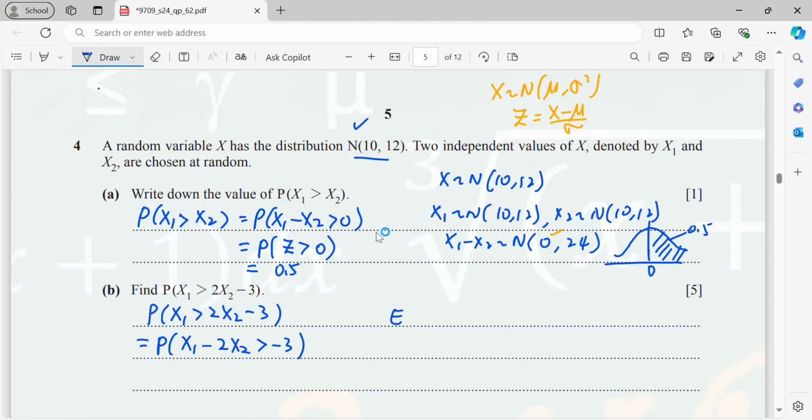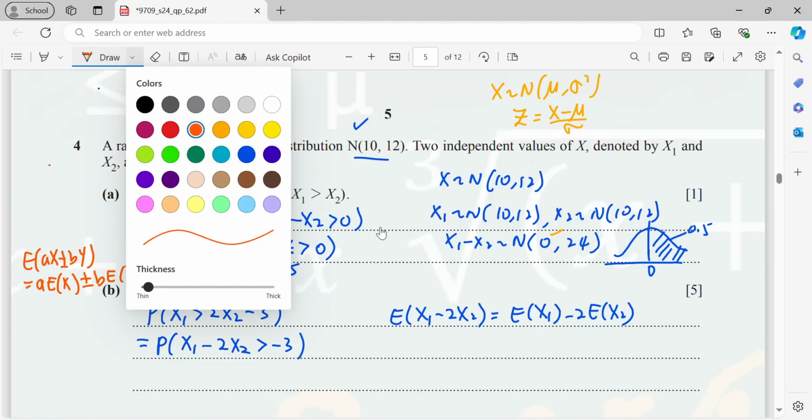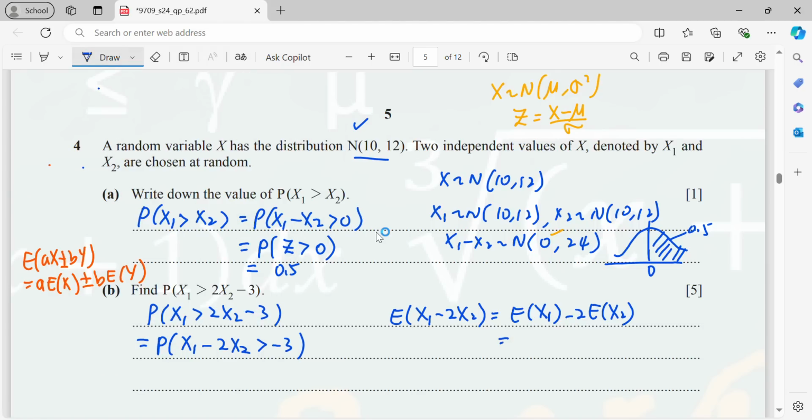So now E(X1 - 2X2) is E(X1) minus 2E(X2), because we have this formula E(aX ± bY) is aE(X) ± bE(Y). Then here I will get E(X1) is 10, then E(X2) is 10. Therefore, this is minus 10.